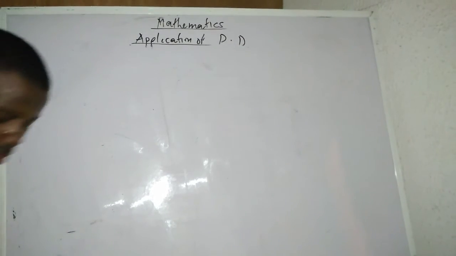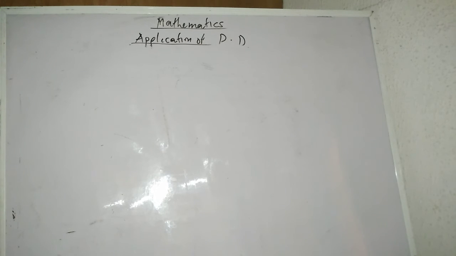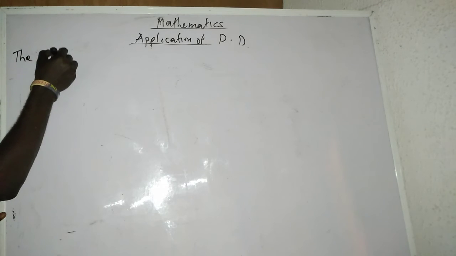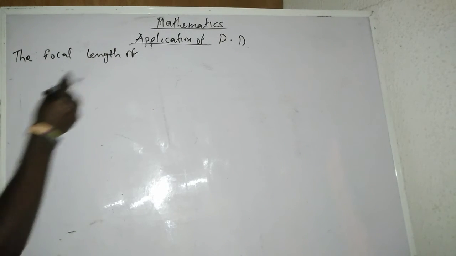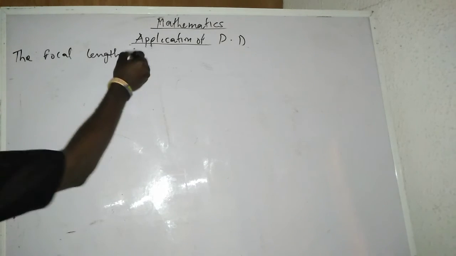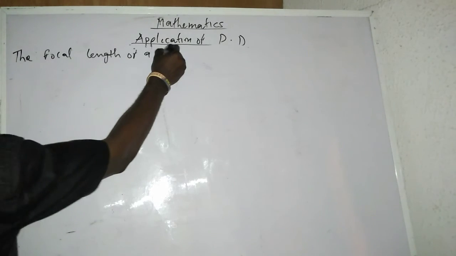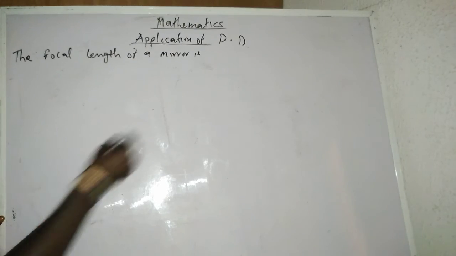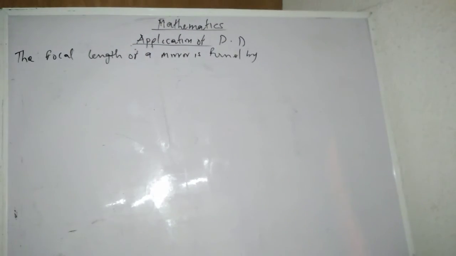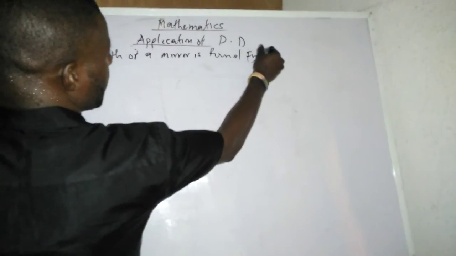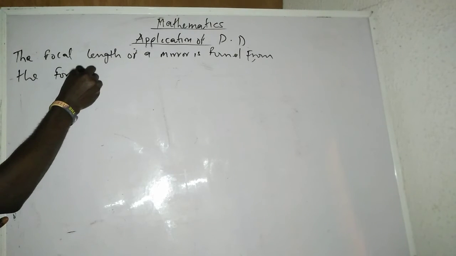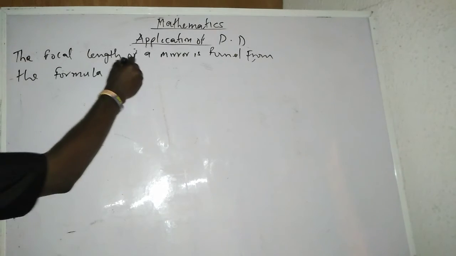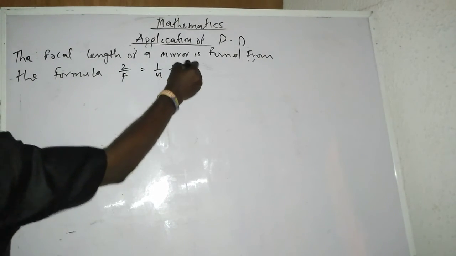Now, let me go for mirror. Please take this: the focal length of a mirror is found from the formula 2 all over f equals 1 all over u plus 1 all over v.